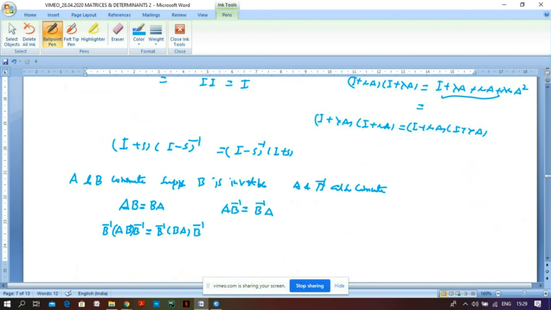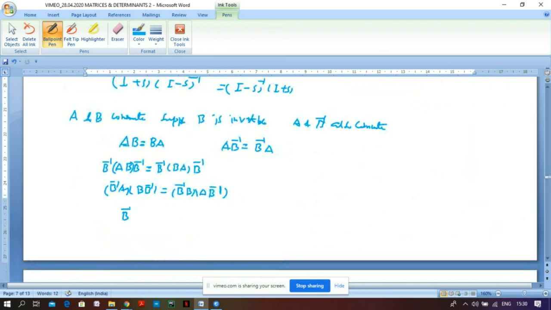What we have done is that we have multiplied both sides, pre and post, by B inverse. So B inverse A B B inverse is this. This becomes B inverse A by association. This is B inverse B, and times A B inverse. And that gives you B inverse A, and this is already I. So B inverse A is A B inverse.